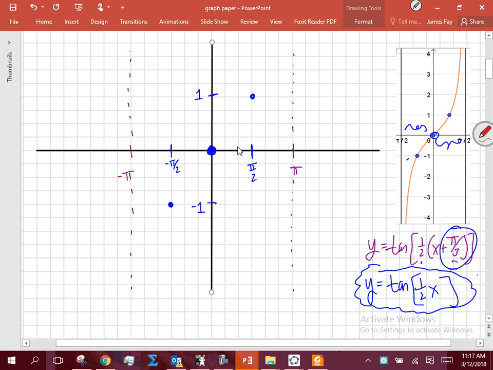Just break it up into thirds. So there'd be pi over 3. And that would be 2 pi over 3. Be negative pi over 3. Negative 2 pi over 3. Now I do need, because everything's getting shifted left, I do need this negative 4 pi over 3 over here as well.